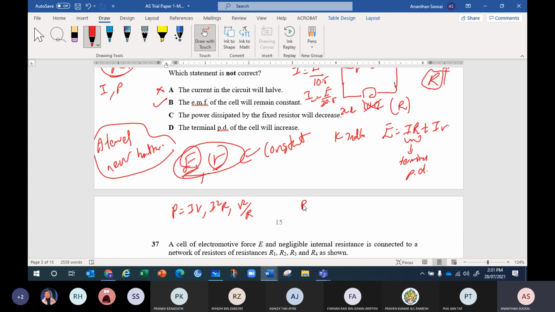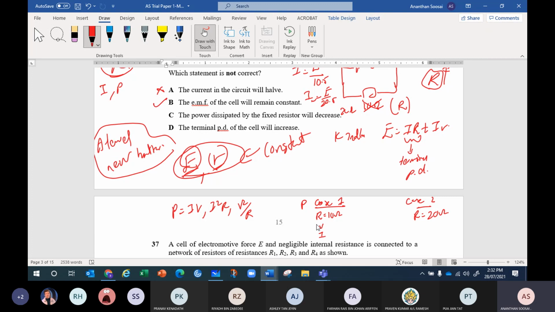Okay, the first case, case one, we know R is 10 ohm. Case 2, we know R becomes 20 ohm. Do you know another one, either V or I, for both cases?